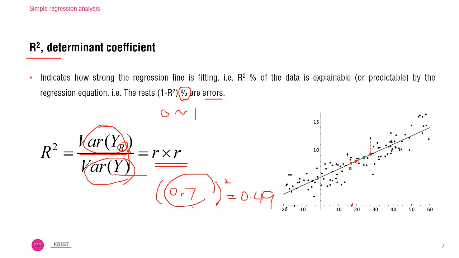When the correlation coefficient is 0.7, you can draw a regression line, and that regression line will have the ability to explain almost half. So 49% is almost equal to 50%, so its ability is explaining 50% of the data spread.